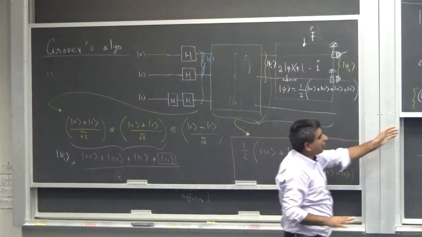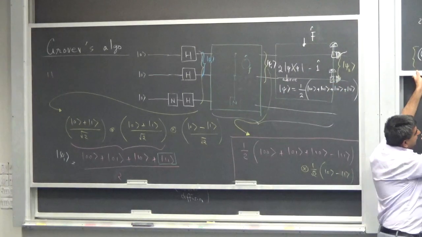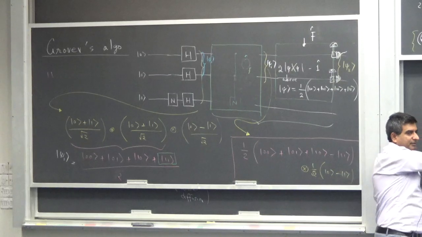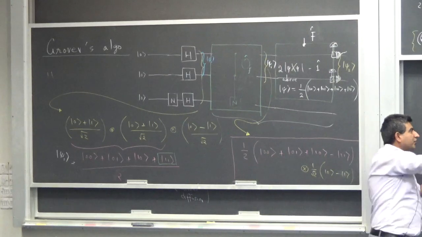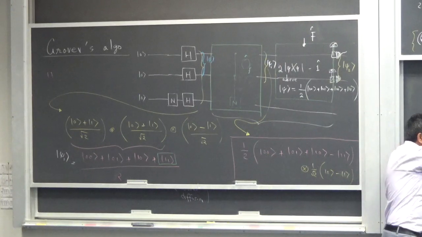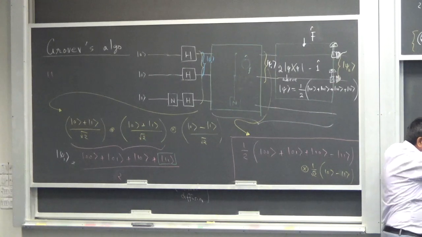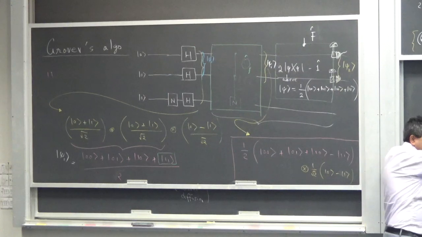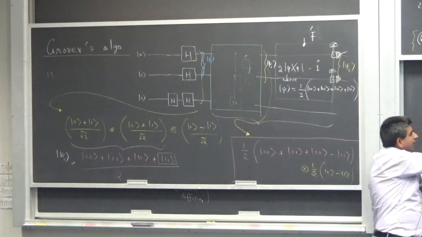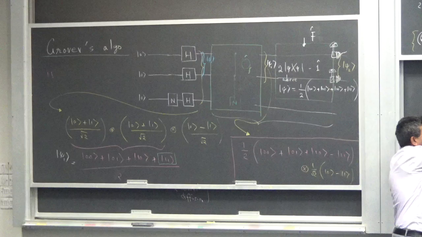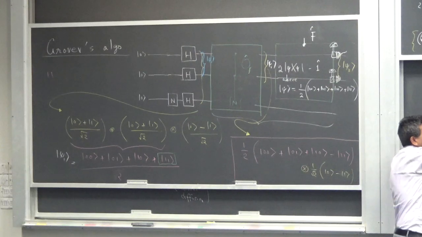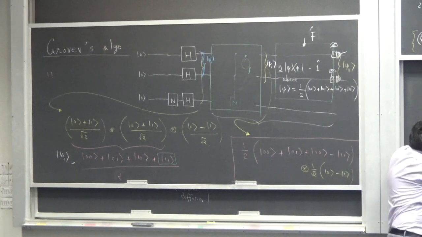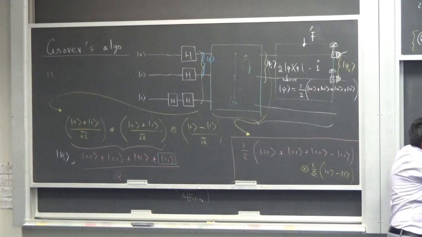The amplification operator is simply doing reflections on this circle. It's nudging your state closer and closer to your desired subspace. By the way, this could be one state or it could be a combination of states. That's why I use the word subspace here. So it's nudging your state as it is propagating through the algorithm closer and closer towards your desired subspace.